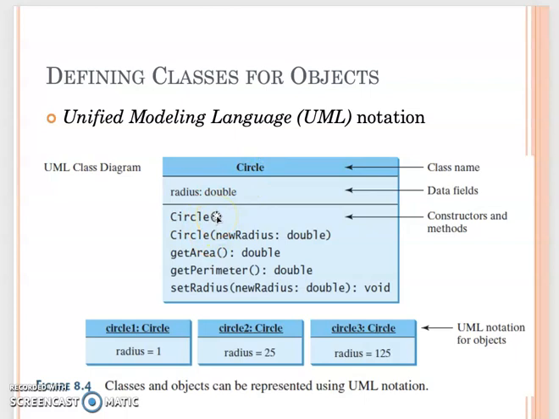If I have a constructor method without any parameter list, we call it the default constructor. But sometimes you can specify parameters in your constructor. That's why here we have two constructors. One constructor has no parameter. The other constructor can specify the radius.